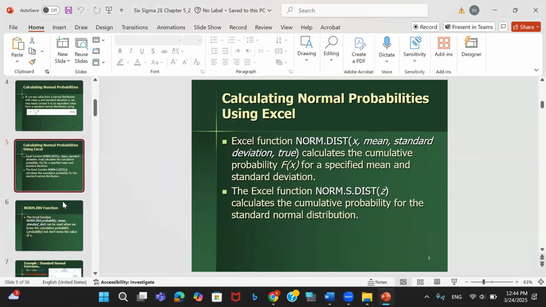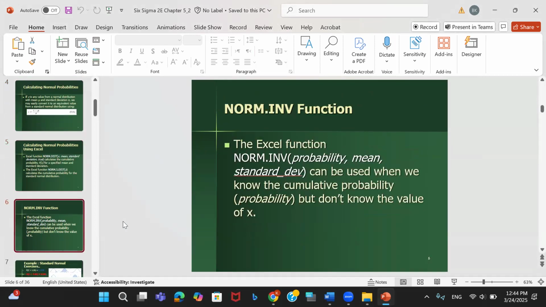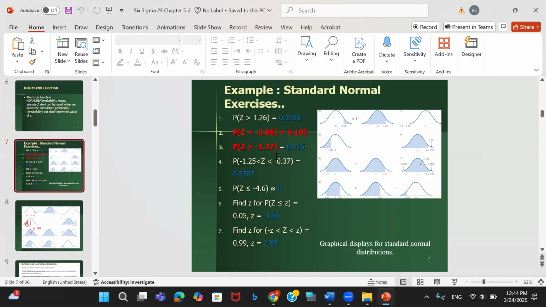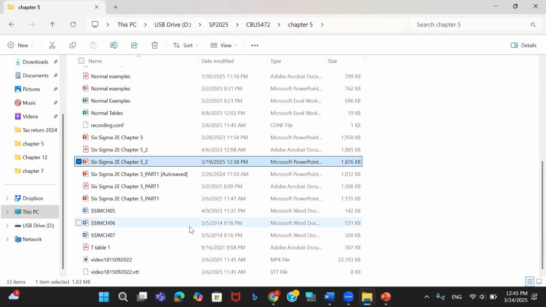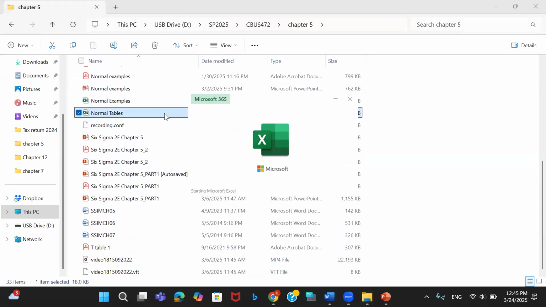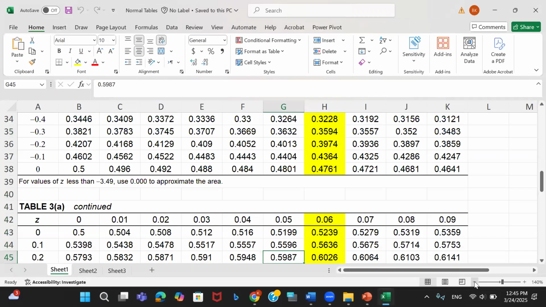You should read the textbook and the PowerPoints. For example, to find the Z value for less than negative 0.86, which is 0.195, I need to use the standard normal tables. I put the standard normal tables on the class website.